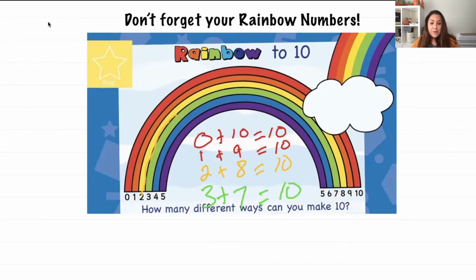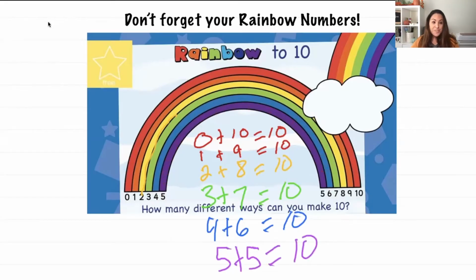And then we have our blue line right here. 4 plus 6 equals 10. So I'm going to go ahead and write that right there. And then finally we have our purple line right here on the bottom, and it's a 5 and a 5. So 5 plus 5 equals 10.